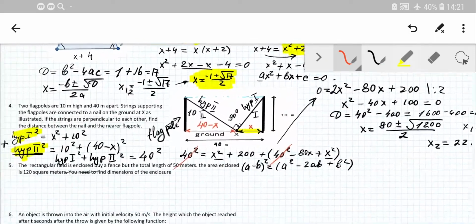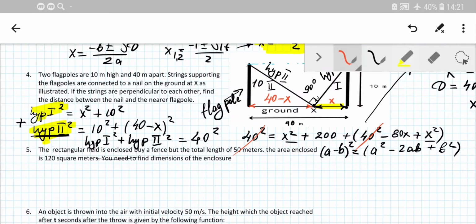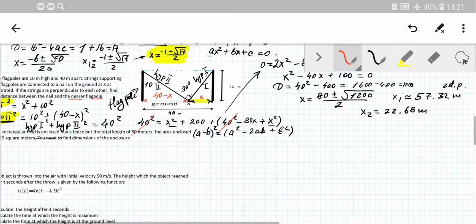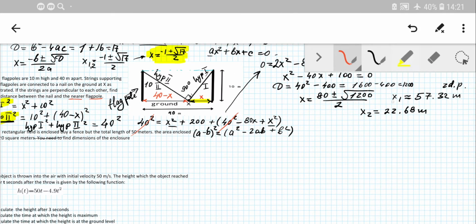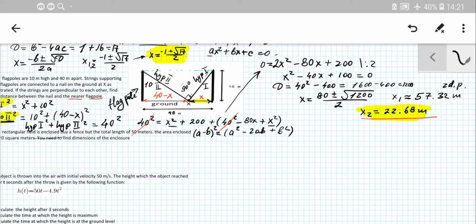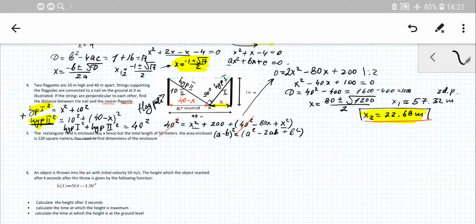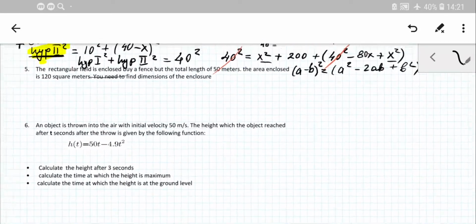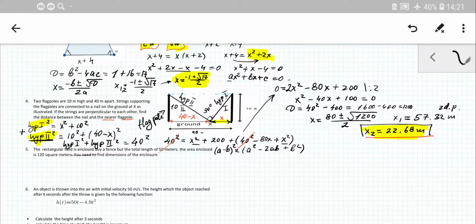What we are asking in this question is the distance between the nail and the nearer flagpole. The nearest flagpole to the nail has the lowest distance, it's here. So the final solution will be 22.68. That's how it works, and that's how we got the solution out of 2. Hope you got it, and we're going to move next. So that's the whole solution for problem number 4.